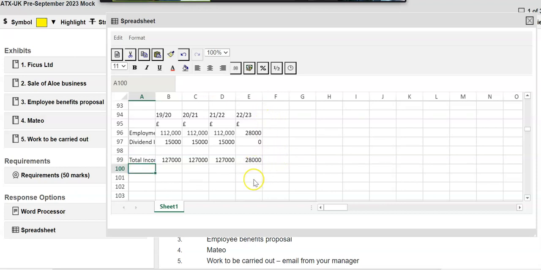Okay, so if we apply the opening year loss relief, then the loss would first be adjusted against the total income of 19-20, right? So if we make a total, the maximum of 50,000 would be adjusted there, right? But he is also having a gain in this tax year 22-23 of 30,000 pounds.